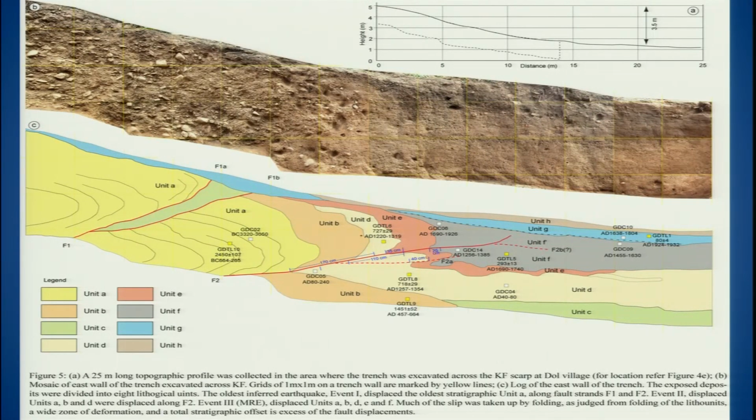You can clearly match a few units which show prominent contacts. For example, this contact is very prominent and quite clear. We can see the structure within the gravel, which is folded along the low angle fault here.